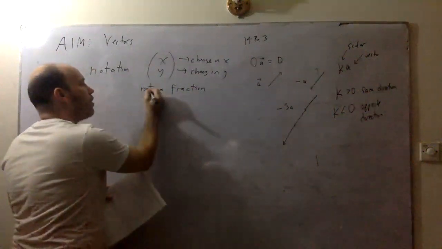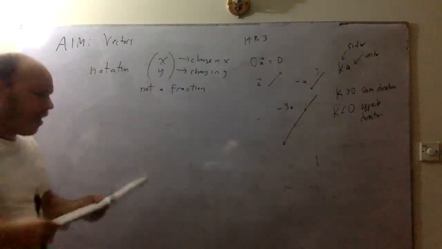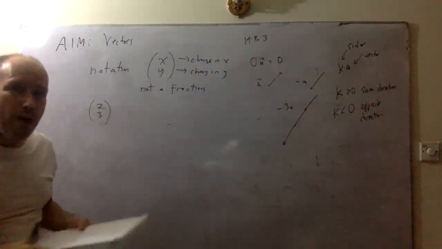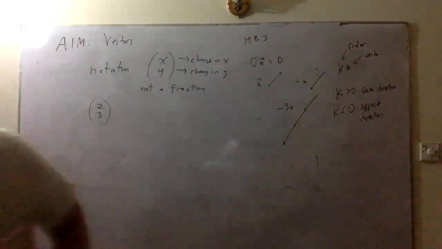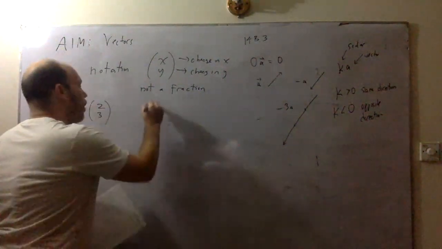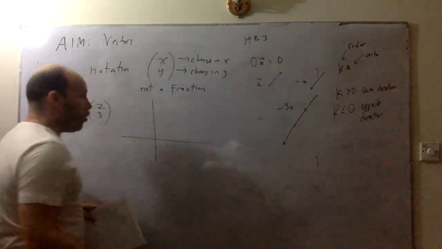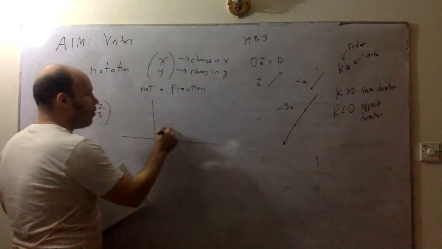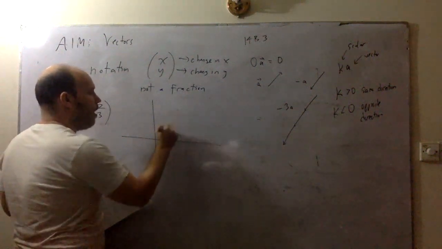If you see 2, 3, and you look at a piece of graph paper, you can start here. Here's the tail, and you go 1, 2, 1, 2, 3.